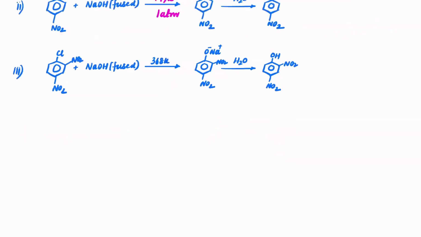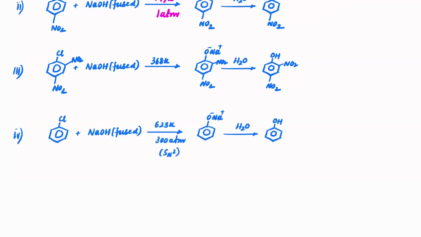And last one, in case you have NO2 groups at all the positions, ortho and para positions, all of them, then you don't even require NaOH at all. Here we require simply aqueous NaOH, or simply we require warm water, H2O.